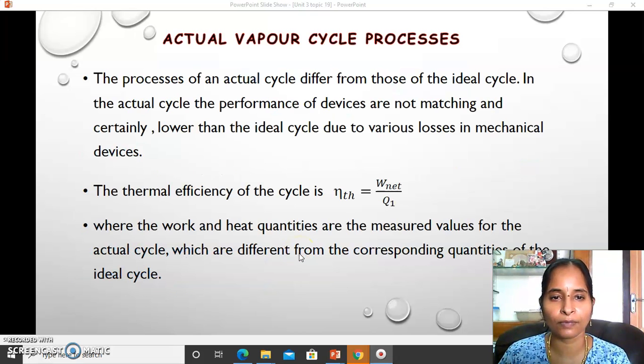Now, in the last video I explained the difference between the actual cycle and the ideal cycle. Ideal means that it is not possible to have it in a practical situation.